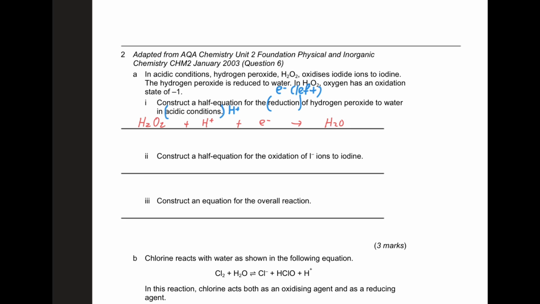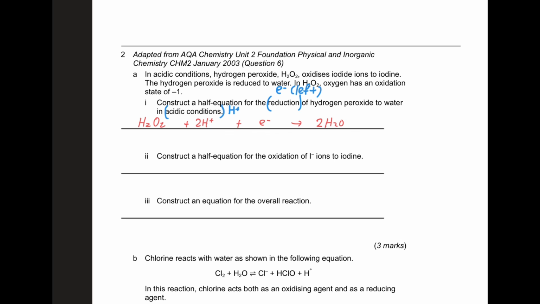There are 2 oxygen on the left. So we must have 2 for H2O, so that 2 oxygen on the right happens. And it creates 4 hydrogens, 2 times 2 is 4 hydrogen. Because of that, we need to balance. We already have 2, so I need 2 more. So I put 2 here.